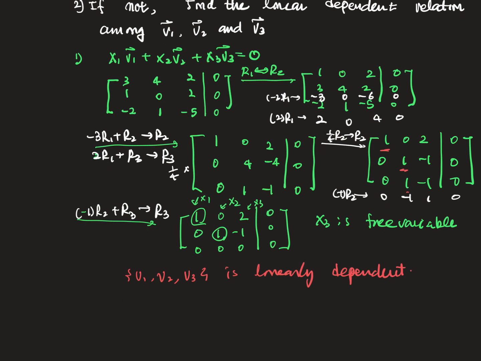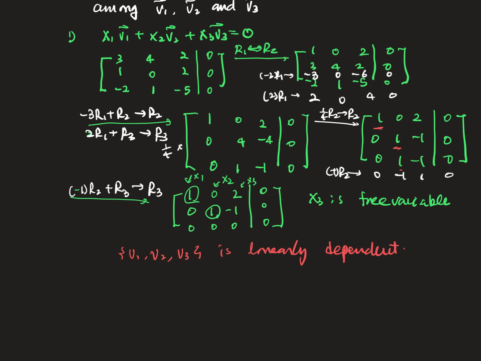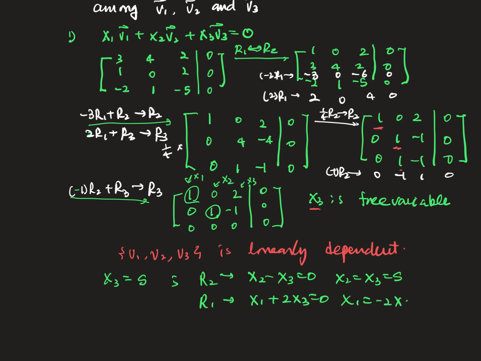What is going to happen right there? What kind of relation is there between these vectors? x3 is a free variable, so you say x3 equals s. Row 2 says x2 minus x3 equals 0, so x2 is x3, which means s. Row 1 says x1 plus 2x3 equals 0, so x1 is negative 2x3.